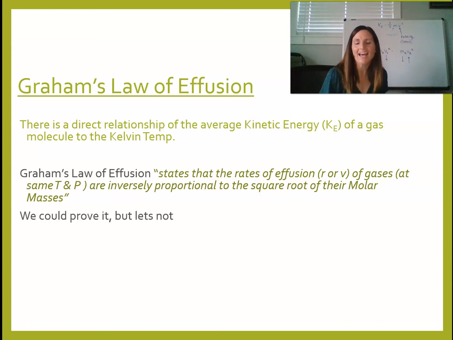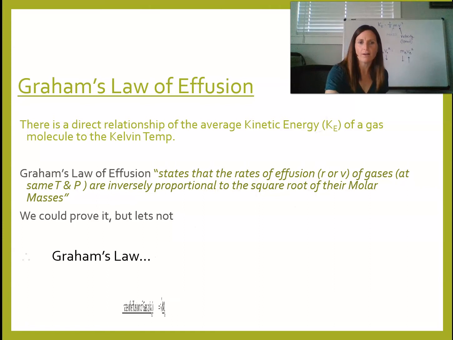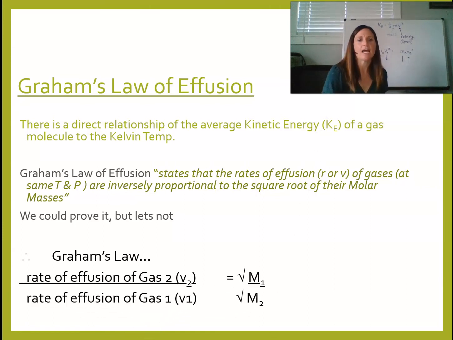Instead, let's just say that Graham's law tells us that the rate of effusion of a gas is equal to the inverse of the square root of its molar mass. So I'm going to switch to the board for a second and write out the way that we are going to use this law.